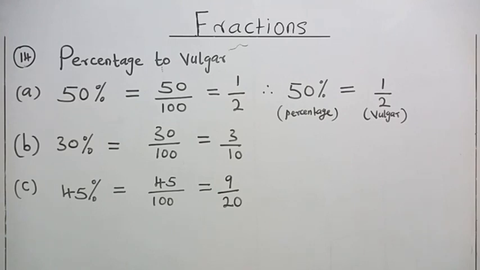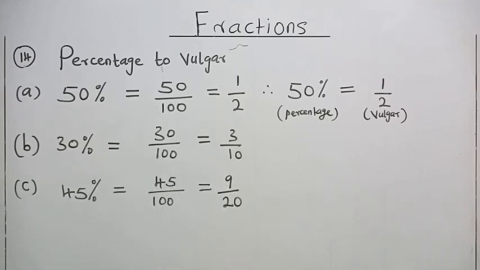What divides 45 and this 100 at the same time? The highest possible factor to give us something simpler. That is 5. When 5 divides this 45, the answer is equal to 9. When 5 divides this 100, the answer is equal to 20. Because of that, 45% is the same as saying 9 over 20.